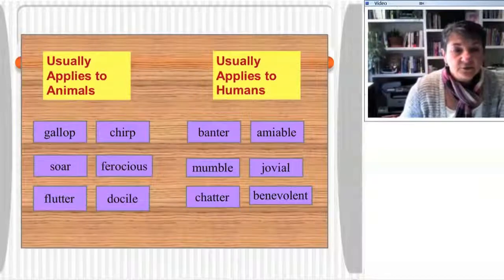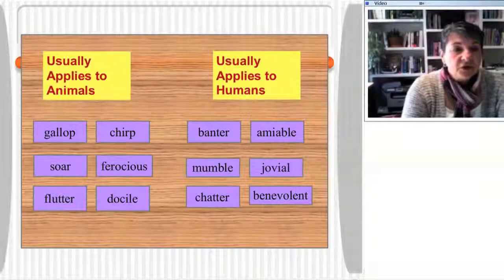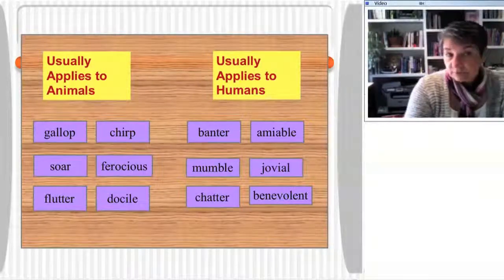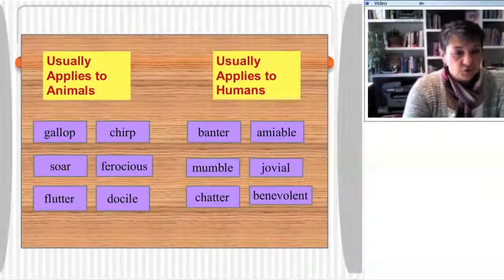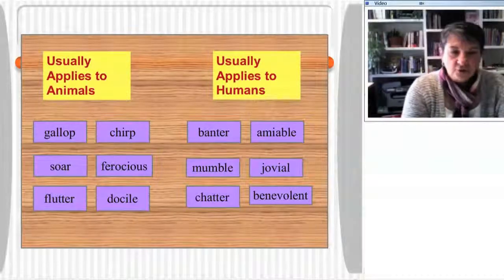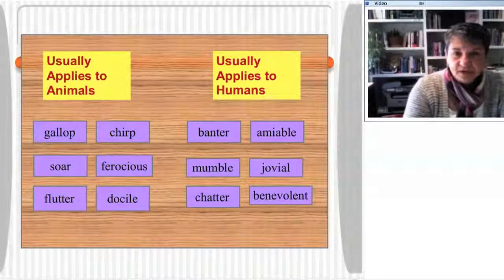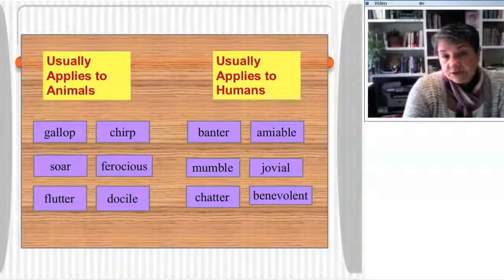Here's another example that I just want to show you. Usually, these are words that usually apply to animals: gallop, soar, flutter, chirp, ferocious, docile. These are words that usually apply to humans: banter, amiable, mumble, jovial, chatter, benevolent.